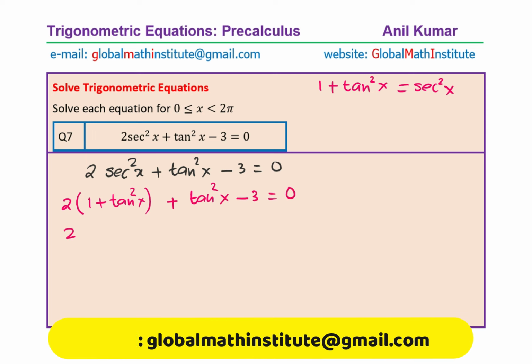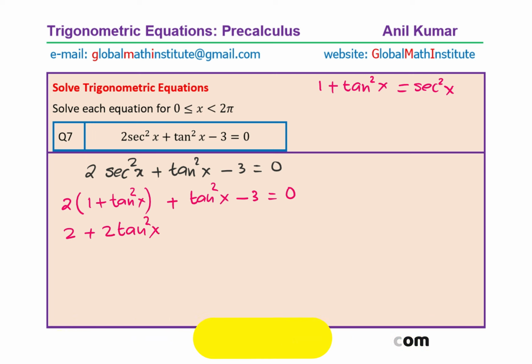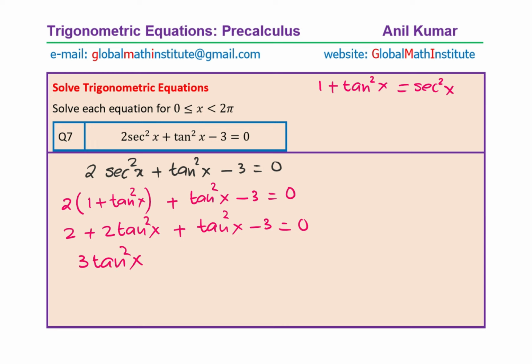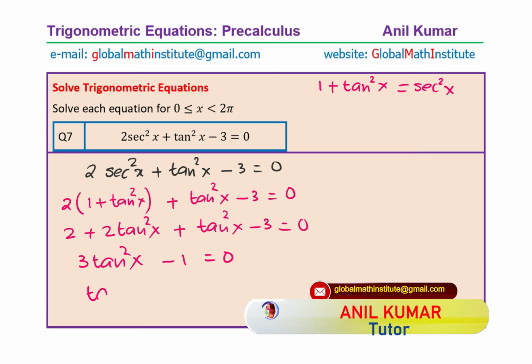Open the bracket: 2 plus 2 tan square x plus tan square x minus 3 equals to 0. Now, 2 tan square x and tan square x is 3 tan square x. And 2 minus 3 is minus 1. So that means tan square x is equal to 1 over 3.